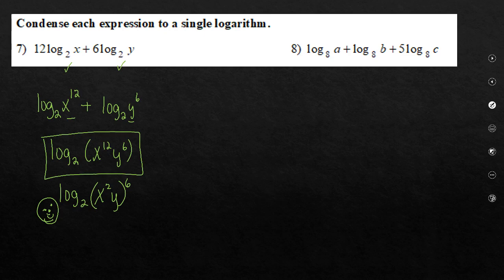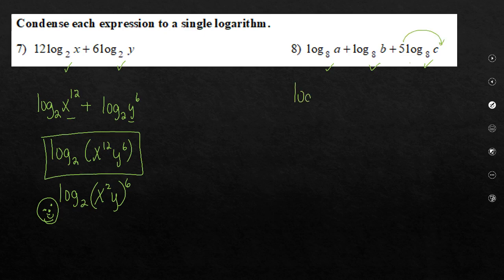Log base 8 of a plus log base 8 of b plus 5 log base 8 of c. All of them have log base 8. We will condense with multiplication because they're being added. But I do want to take care of that coefficient on the last term first.